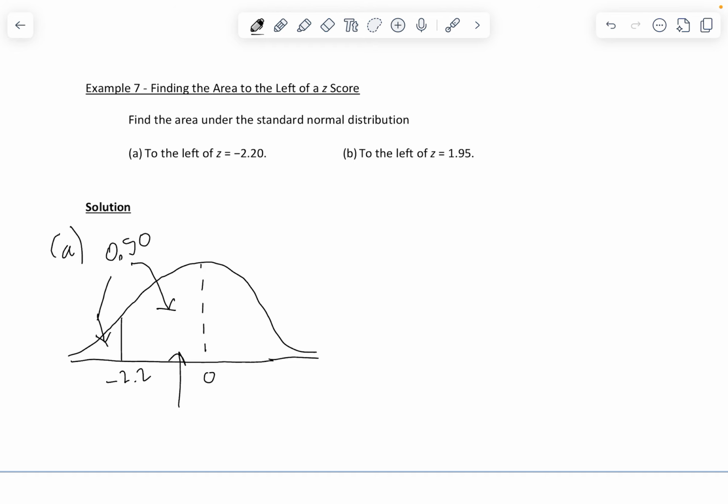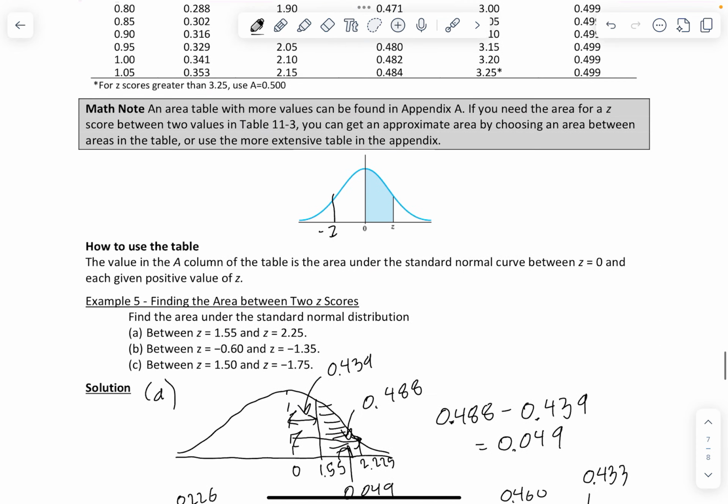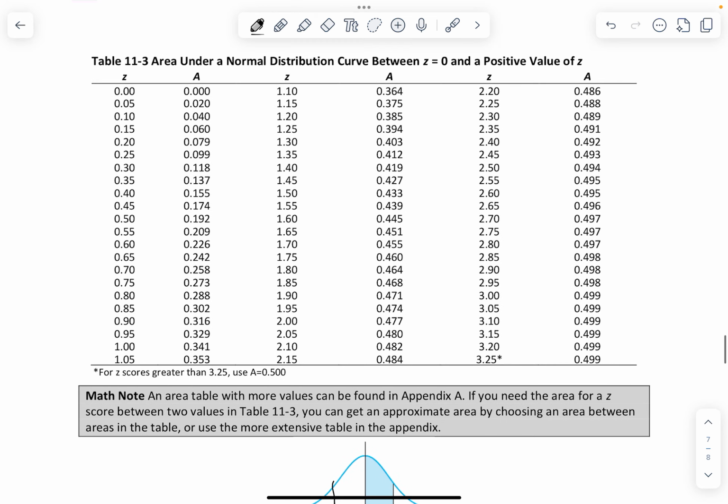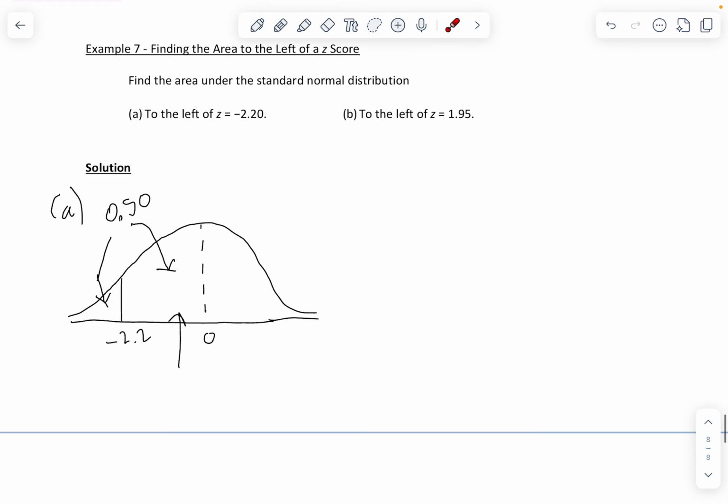Let's do that. My z-score is negative 2.2. I'm going to ignore that negative sign and just focus on the z-score 2.2. And there's the area, 0.486.